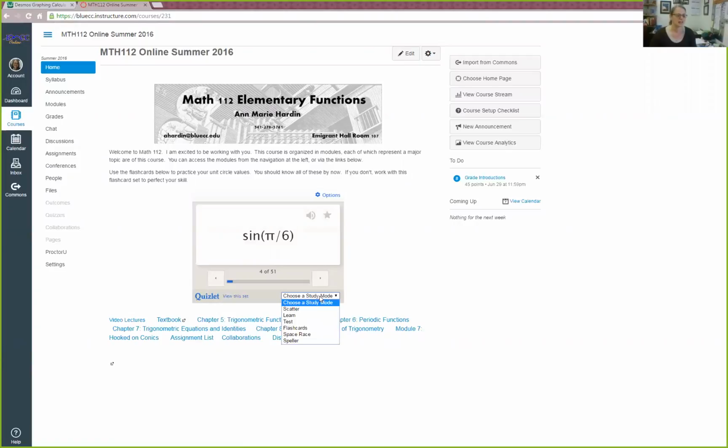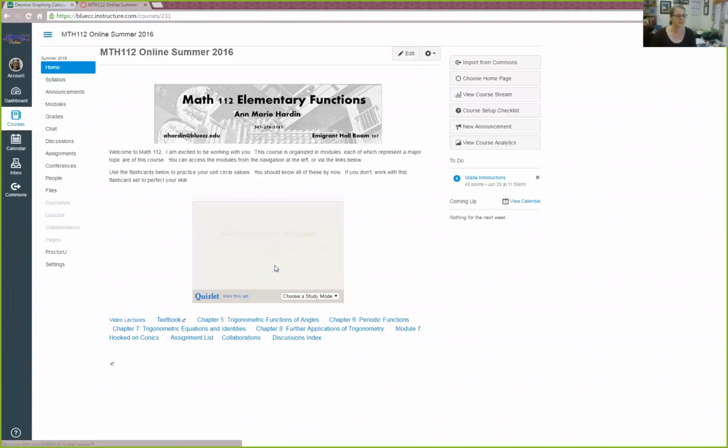All right, so you get the idea. I just use these as flashcards. If you want something a little more interesting, you can do scatter. The way you do scatter is, cosine of 0, you know that's 1. So you find the 1, you drop it onto cosine of 0, and those disappear. You get the idea, right?